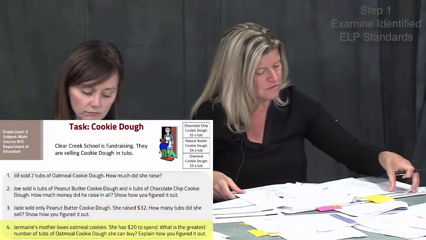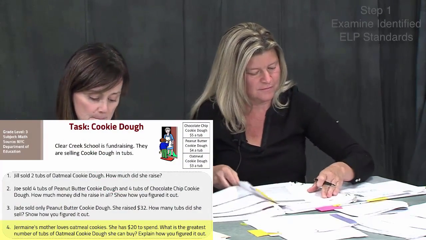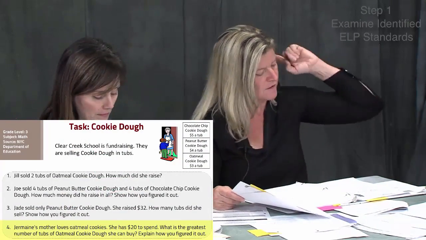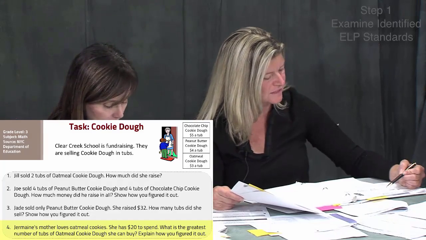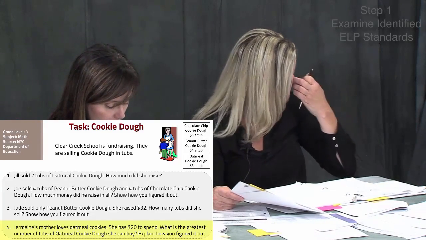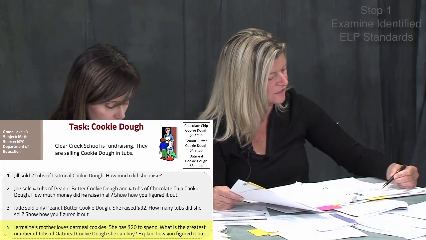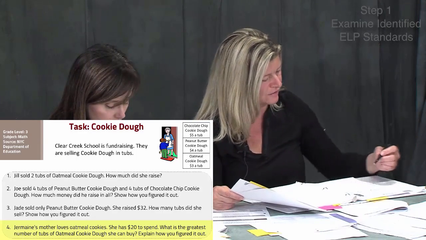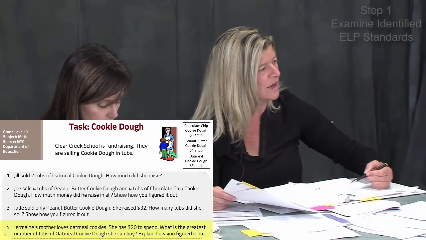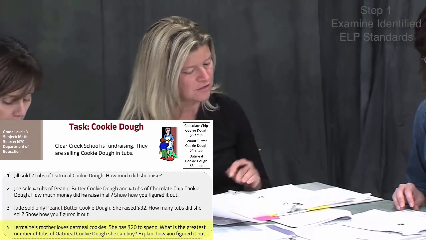So to get started, when you think about this task, looking at the cookie dough task, we're only going to focus on question 4, because remembering back to the previous task analysis module, this is a task that asks them to think about a fundraising activity where they're selling cookie dough in tubs, and then they have a chart that outlines the different types of cookie dough with how much each tub is based on the cookie dough type.